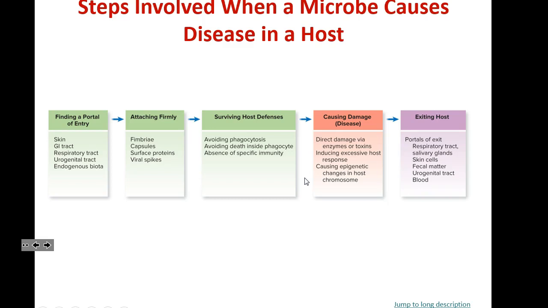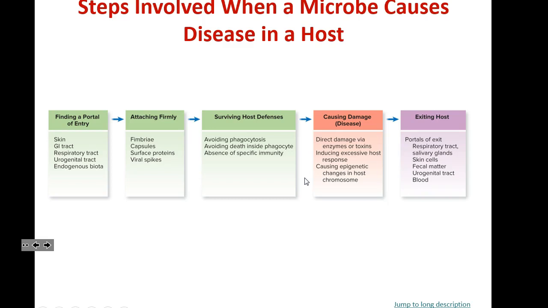Then it causes damage, disease. It directs damage via enzymes or toxins, inducing excessive host response, causing epigenetic changes in host chromosome, and then it exits the host.